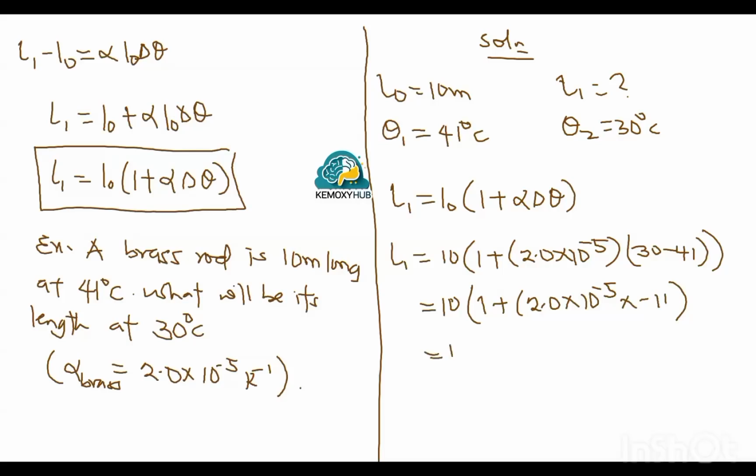So this will give you 10 open bracket 1, then minus 11 times 2 is minus 22, that's minus 22 times 10 raised to power minus 5. So press the calculator, what will this give us? 0.99978.